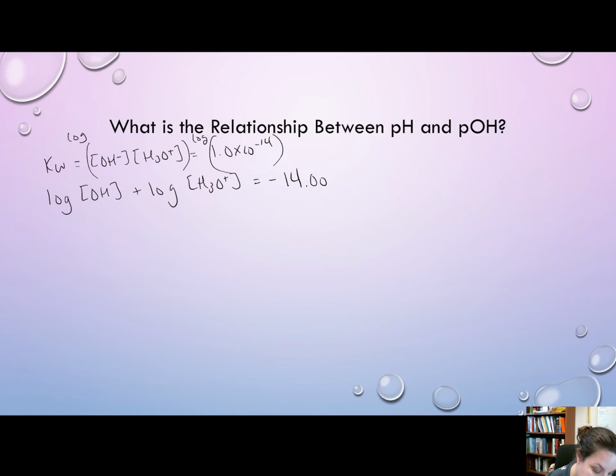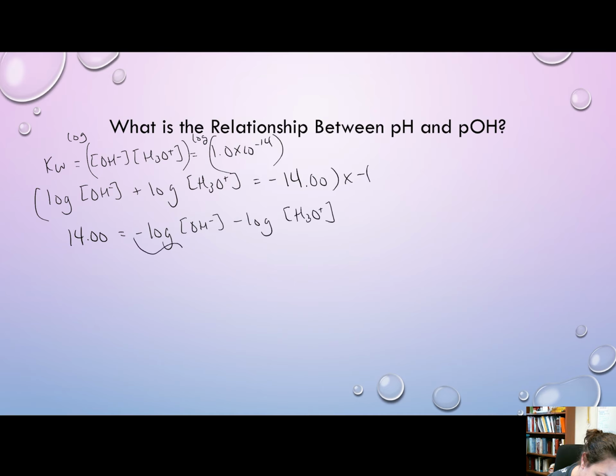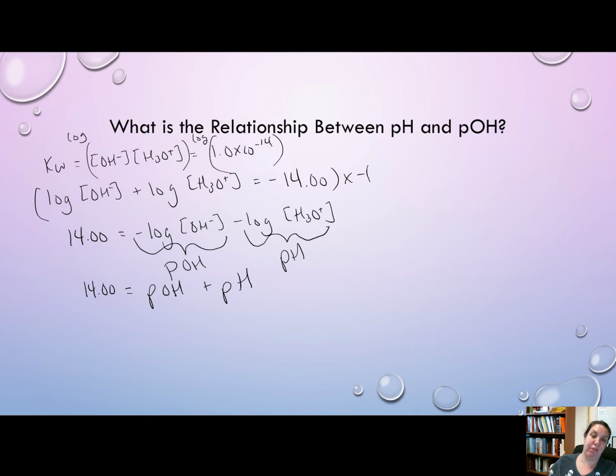We're going to multiply everything by negative 1, and we would get 14 is equal to negative log hydroxide concentration minus log hydronium concentration. And hopefully you recognize that these right here are pOH and pH. So I would say that 14 is equal to pOH plus pH. So we can very easily determine one if we have the other.